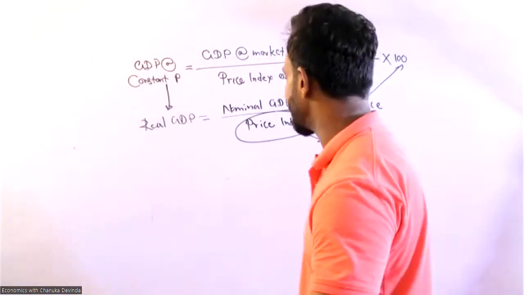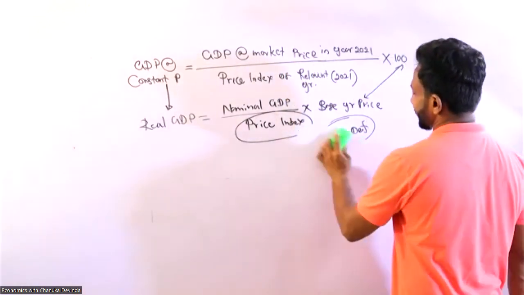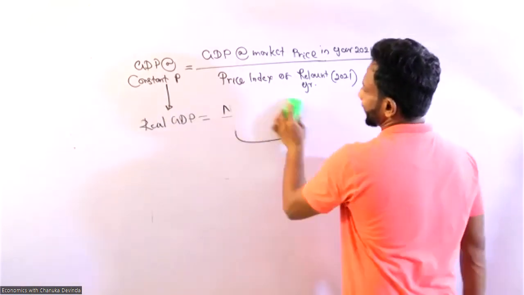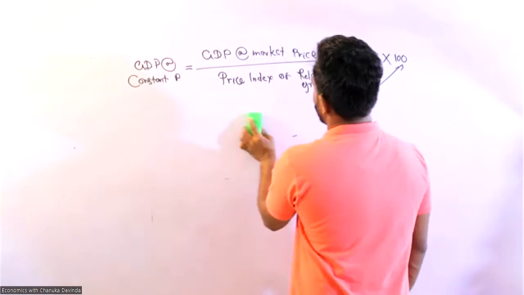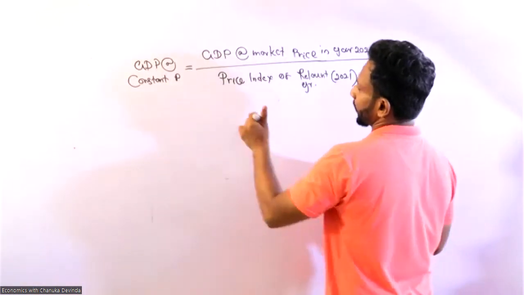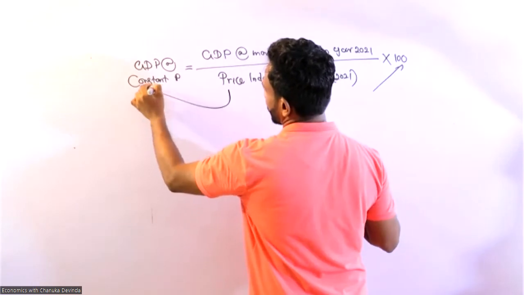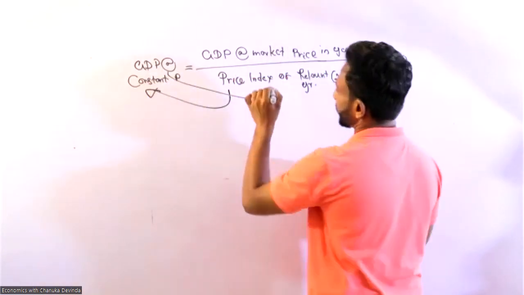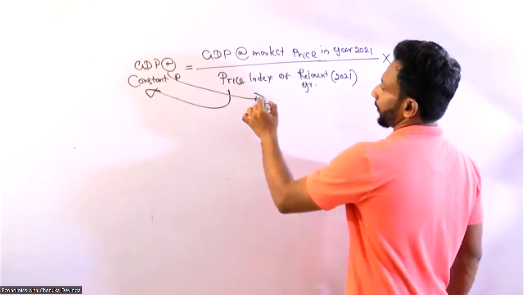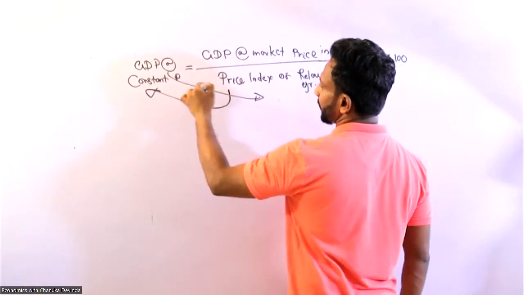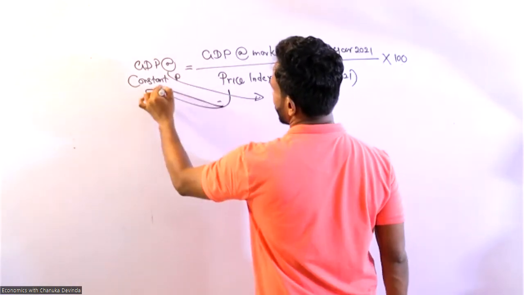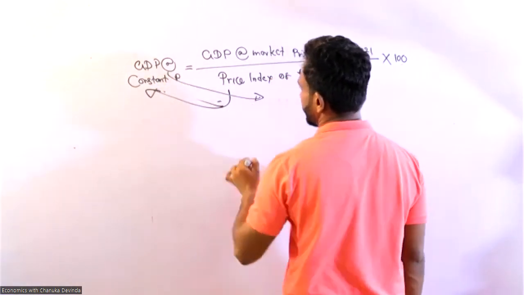The calculation is given as described, but just what I told you: substitute this index, then it's fine. Then use the cross multiplication method. That's simple, right? So this will be transferred here and here.